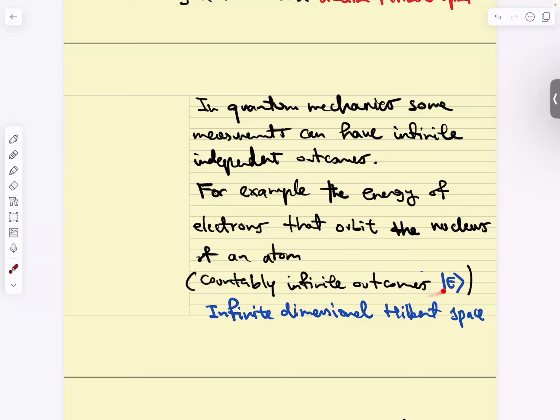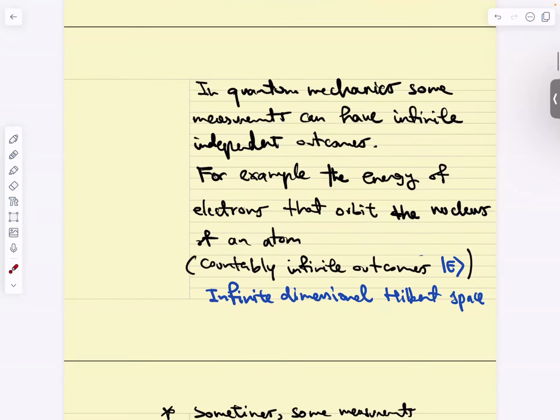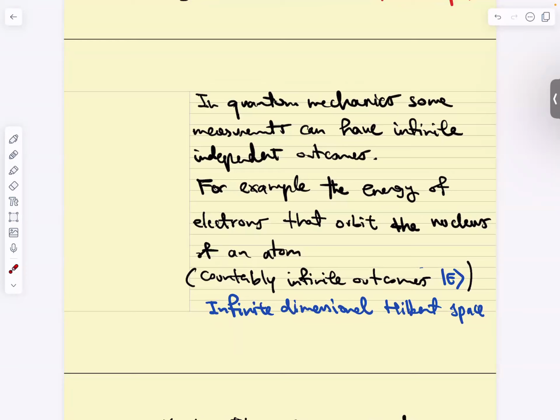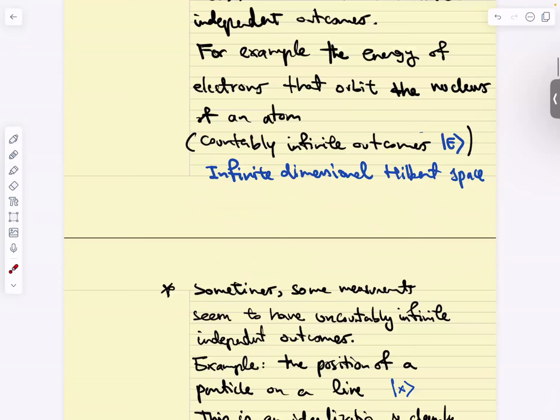So there are countably infinitely many outcomes for the energy of an electron that orbits a proton in the hydrogen atom. We're going to model that by an infinite dimensional complex vector space. We're going to call that Hilbert space. So every time I say Hilbert space without specifying the dimension, very likely I'm talking about the infinite dimensional case.